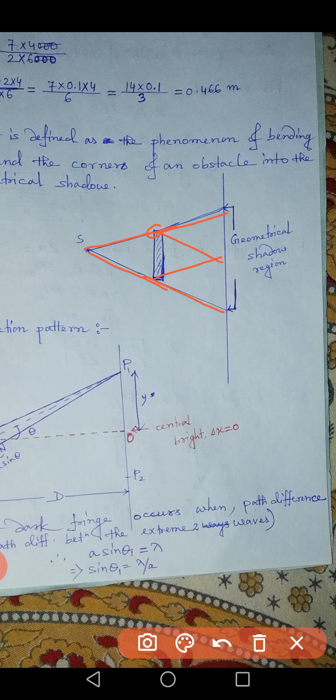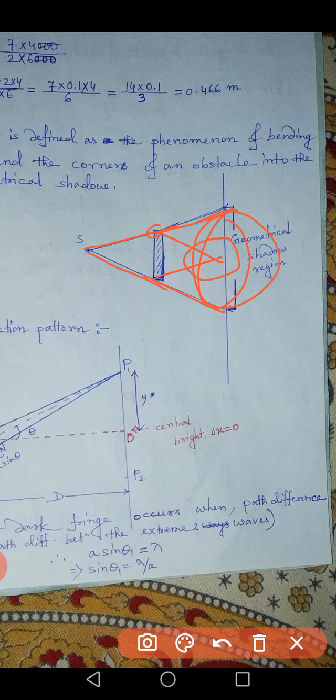If it bends in this way, two or more waves will overlap, and as a result in the geometrical region the entire region is not a shadow. Here we are getting light intensity also.